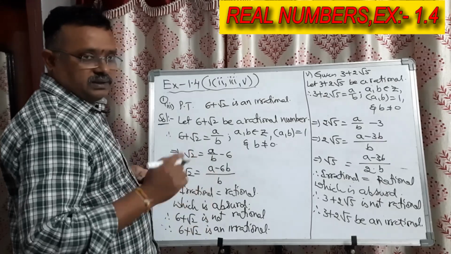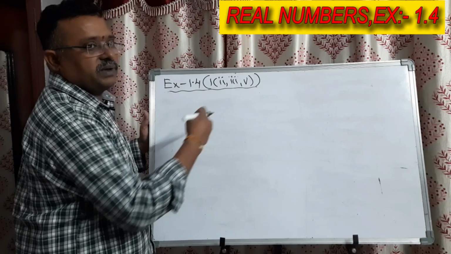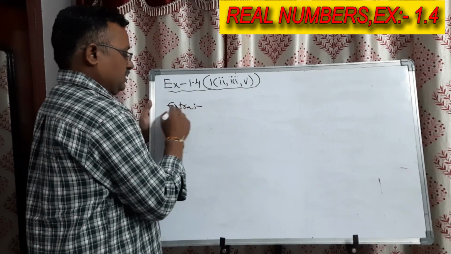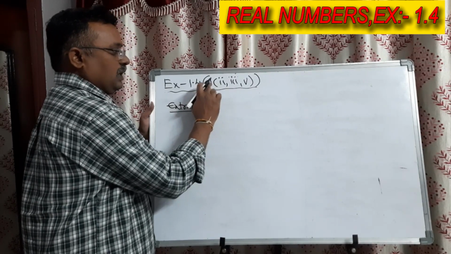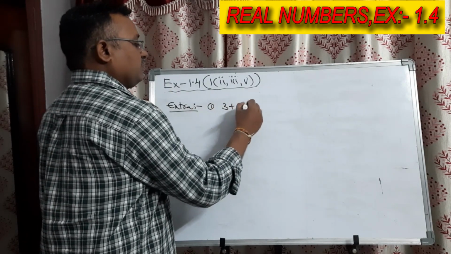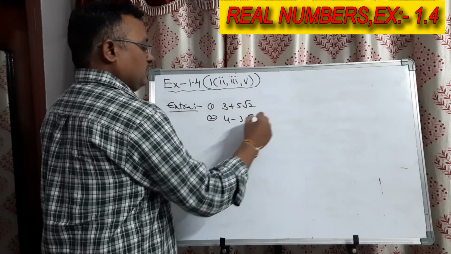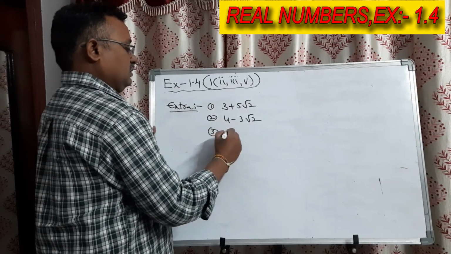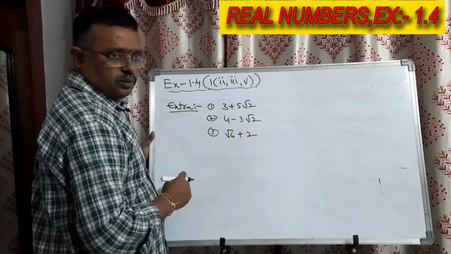Right. This model, some extra problems also we will take. Extra problems of this model. In the first model, we can take the numbers as 3 plus 5 root 2, 4 minus 3 root 2. Negative values also you have to get used to. Third one, root 6 plus 2.